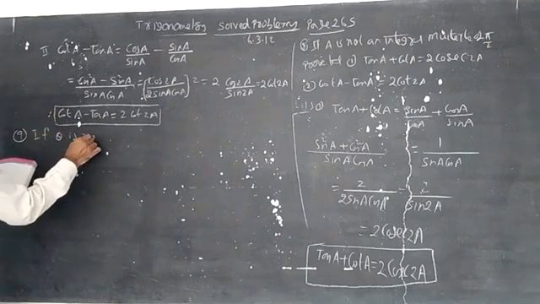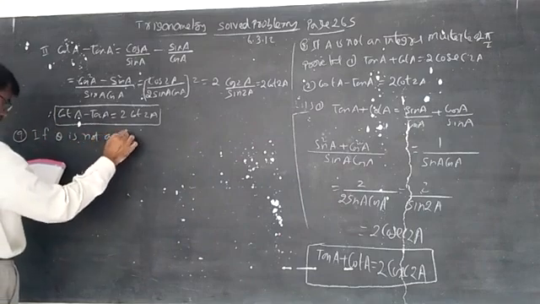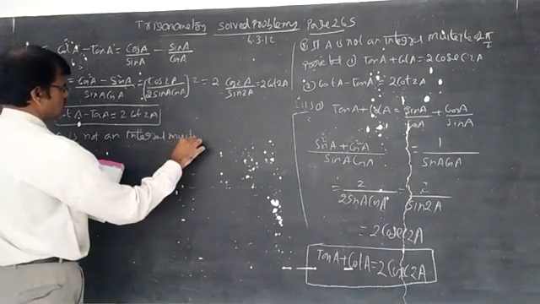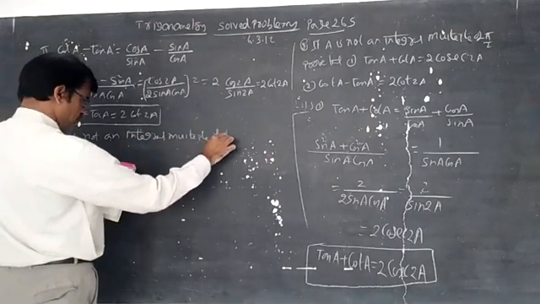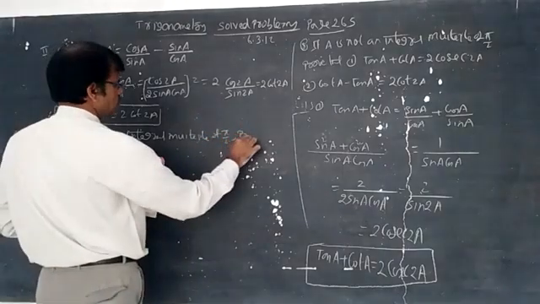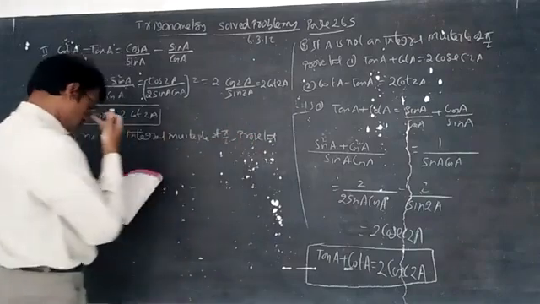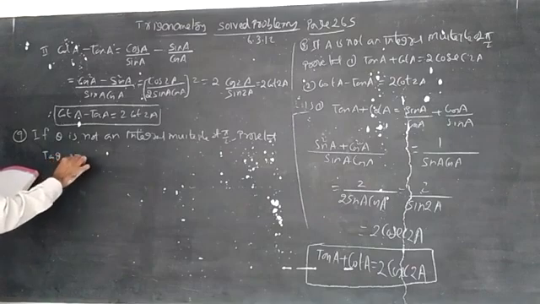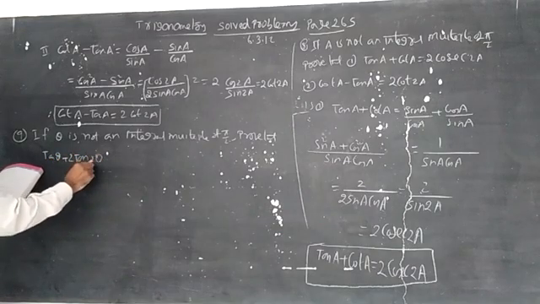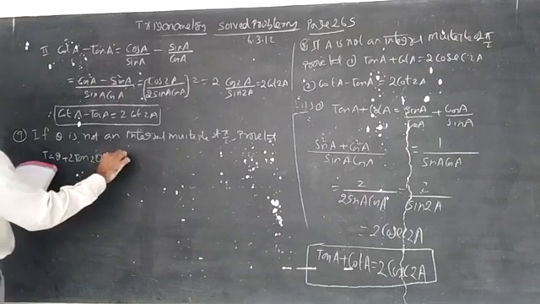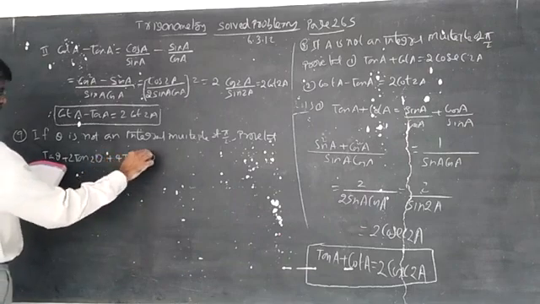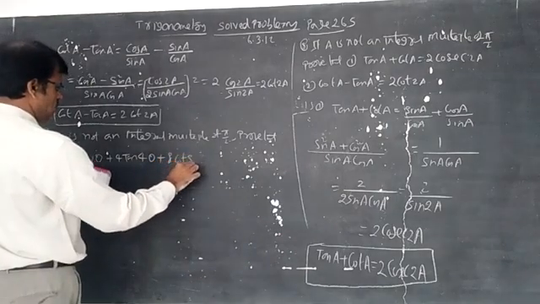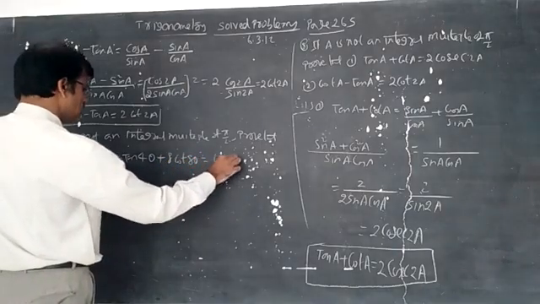If theta is not an integral multiple of pi by 2, prove that tan theta plus 2 tan 2 theta plus 4 tan 4 theta plus 8 cot 8 theta is equal to cot theta.